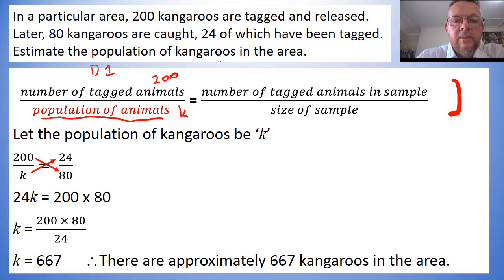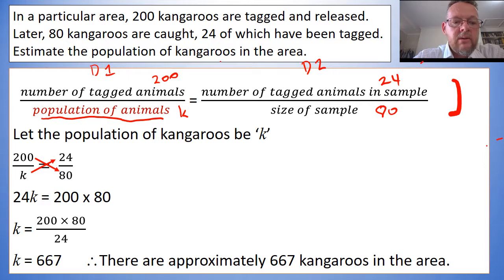I don't know the whole population, so I'm just going to put 200 over K. On day two, which is any time later, we've got some more information. 80 kangaroos are caught, so that's the size of the sample caught on the second day. Now, 24 of those have been tagged.